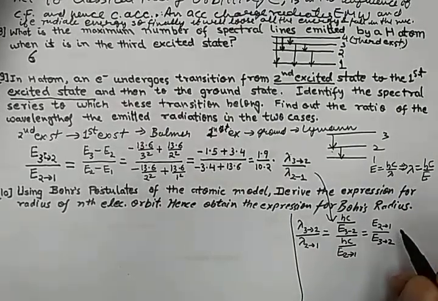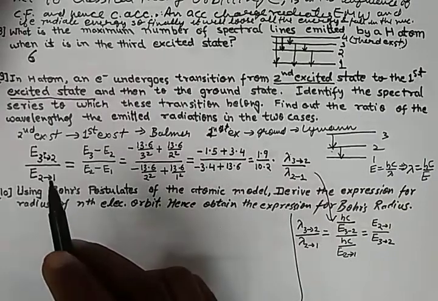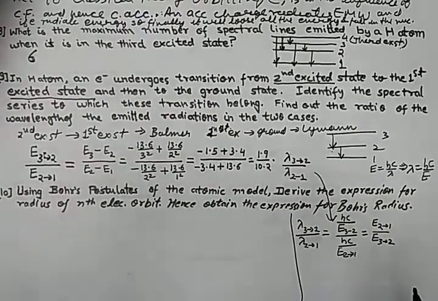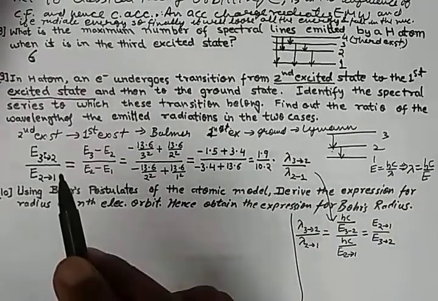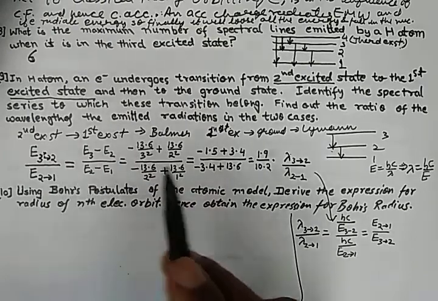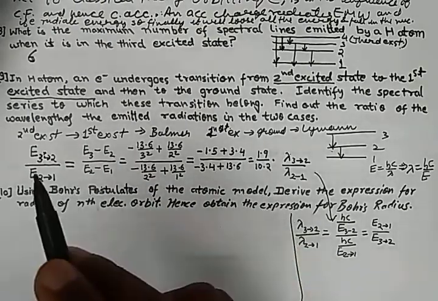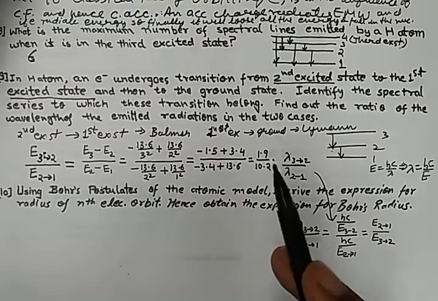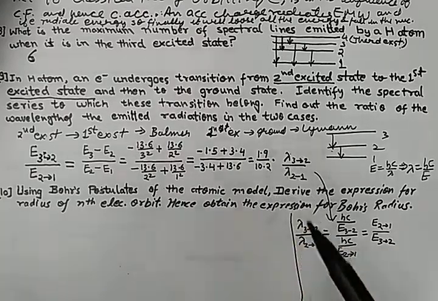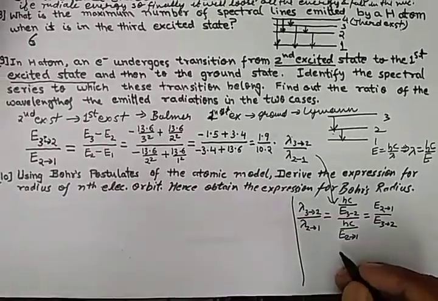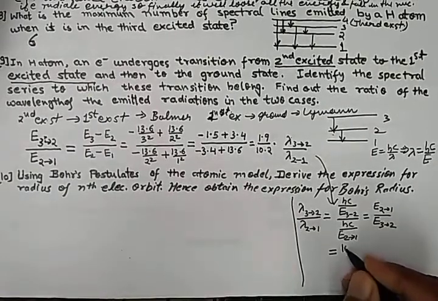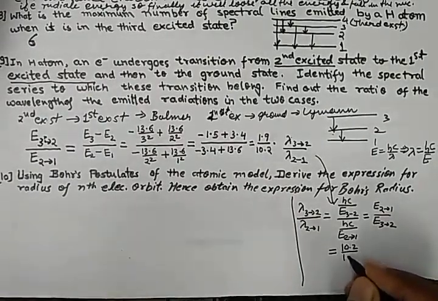And we know 2 to 1, we have just reverse of this. So here we had this 1.9 upon 10.2, so we will write its opposite here, 10.2 upon 1.9.